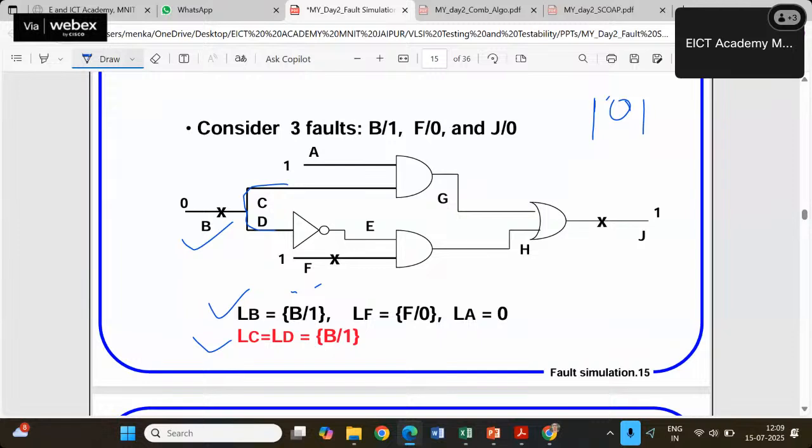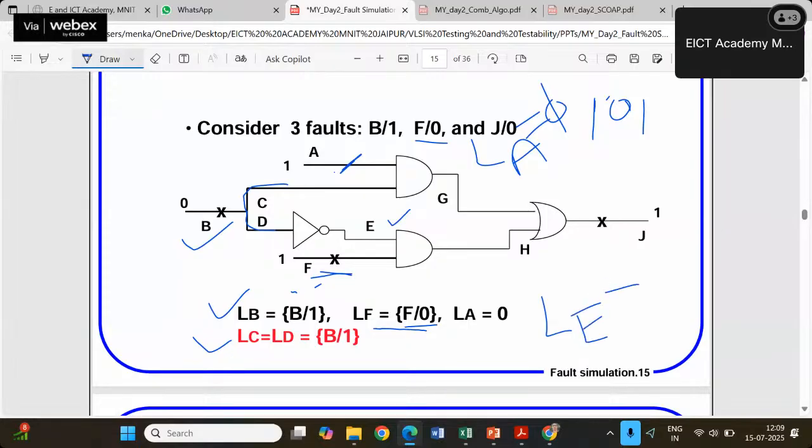Now let's go to LA. LA is not having any fault, so LA is equal to the empty set, which means no fault is available. And likewise, LF I want to consider. So LF is having F stuck at 0. If I want to consider LE, what will be my LE?